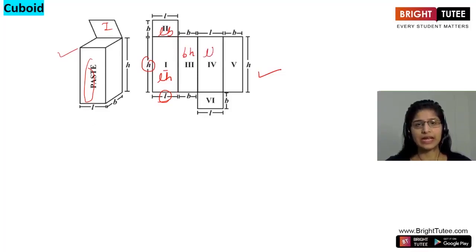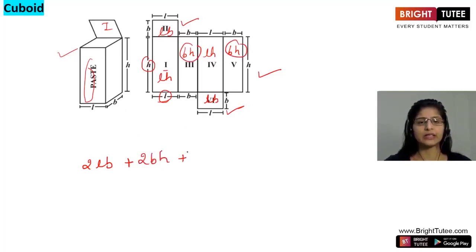The next one is LH, the next one is BH, and this one is LB. If we add all, LB plus LB is 2LB, plus BH plus BH is 2BH, plus 2 times LH, or HL we say. So this is the total surface area.